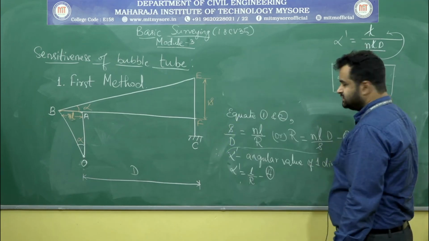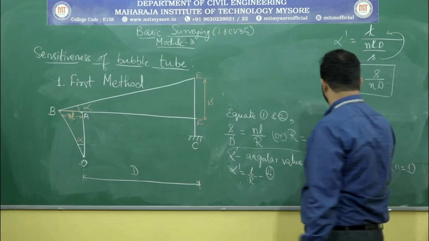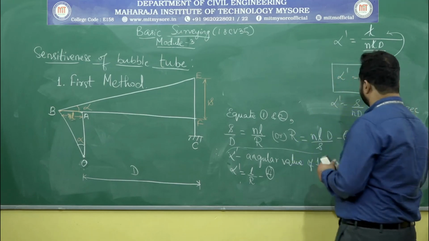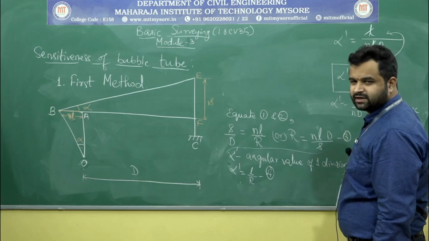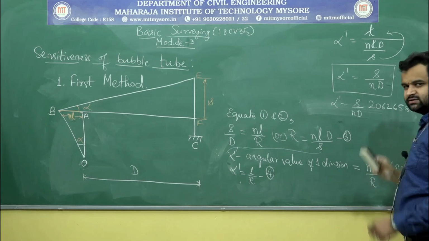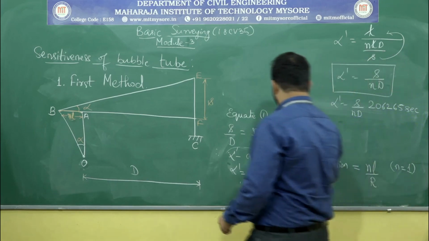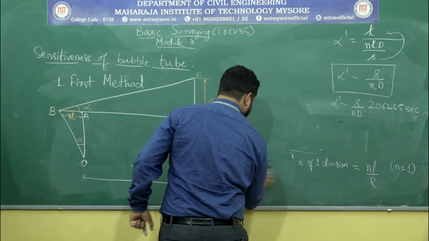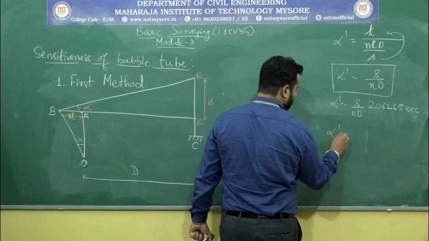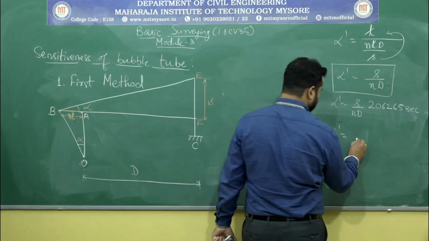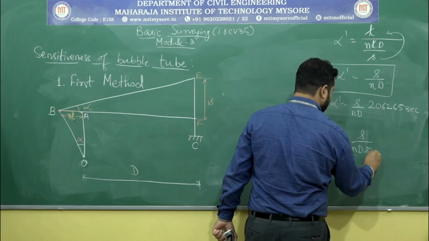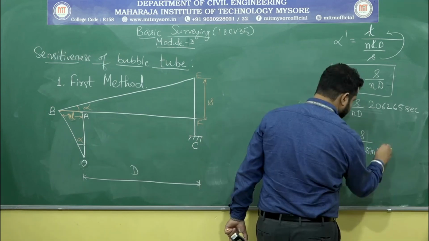So if I write this in terms of seconds, I should multiply this value by 206265 seconds, or I can write alpha dash is equal to S by ND sin 1 seconds.